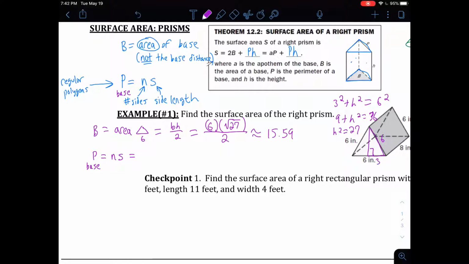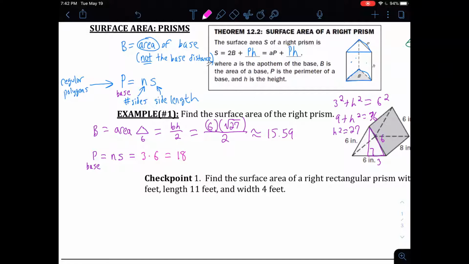We need the number of sides in the polygon times the side length, okay? So how many sides does this triangle have? Number of sides times side length. Well, it's a triangle, so it's going to be 3 times. And then what's the side length of the triangle here? What's each of the sides worth? It's worth 6. So we got 3 times 6, which equals 18.